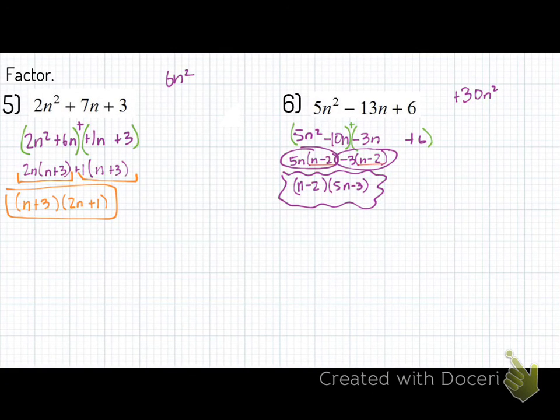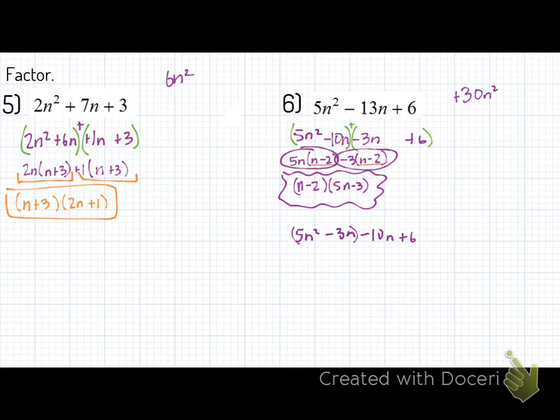Okay, this is what would happen if we set up this problem differently. This was asked 5n squared minus 3n minus 10n. So we have 5n squared minus 3n minus 10n plus 6. So we can actually group these up.